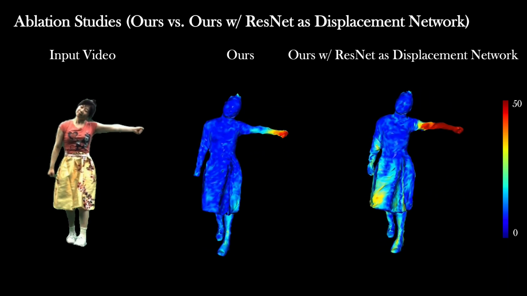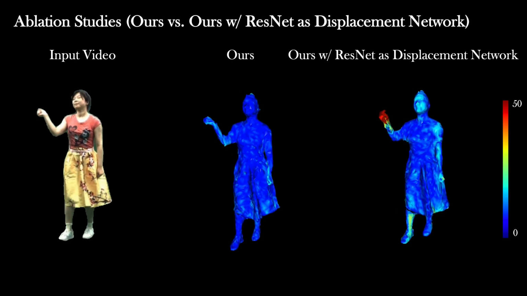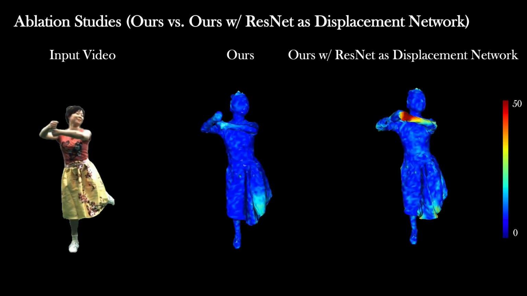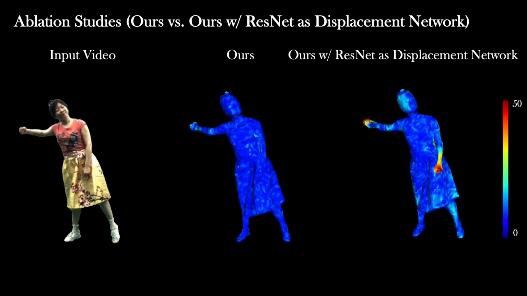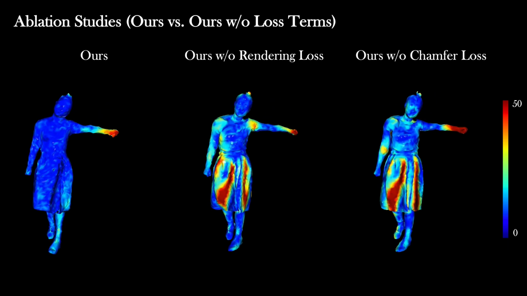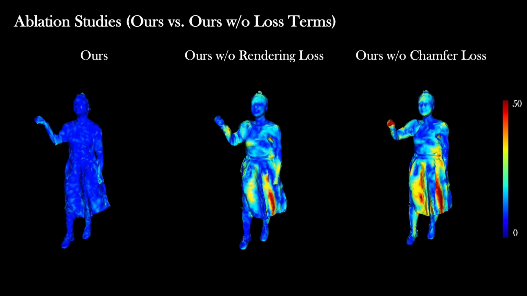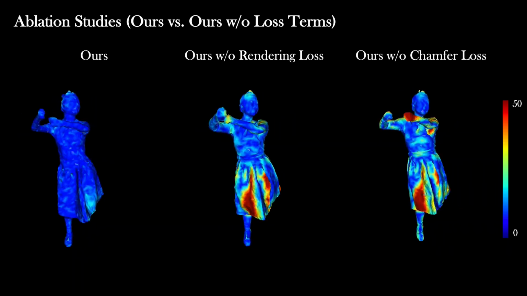Furthermore, we compare our proposed combined image and graph convolutional architecture with a purely image convolutional architecture. Note that our design enables the highest accuracy and the best visual appearance qualitatively. Finally, we ablate the individual loss terms.